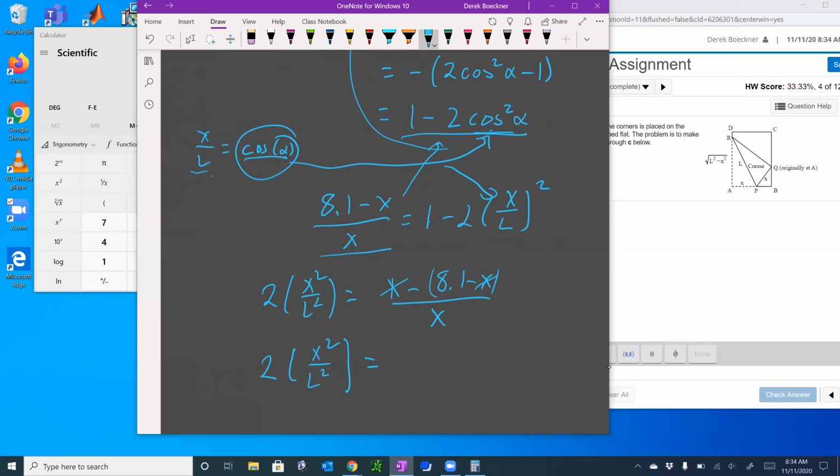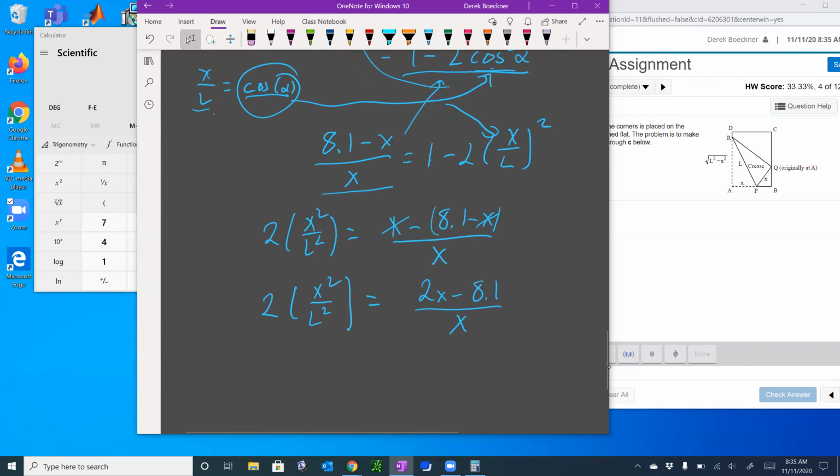So I get a 2x minus 8.1 over x. And that's better. Otherwise, I would have something squared, which is equal to negative 8.1 over something positive, which would just be wrong. So x has to be more than half of 8.1. Okay, that's good. And now I can flip things over.